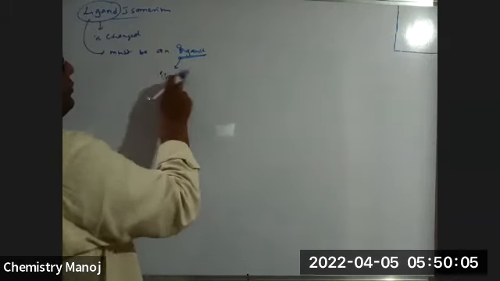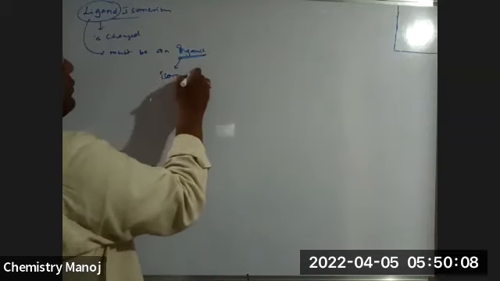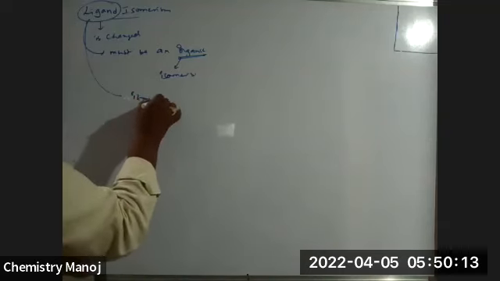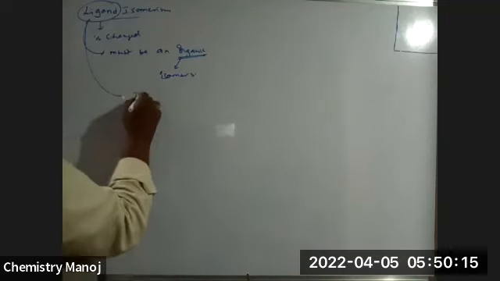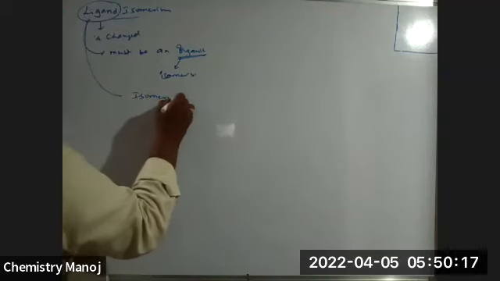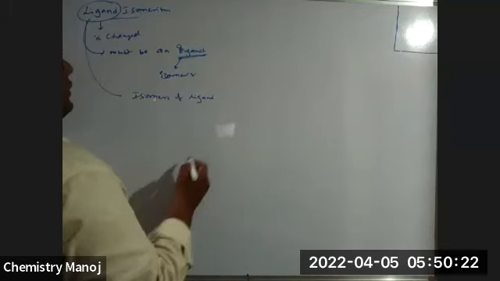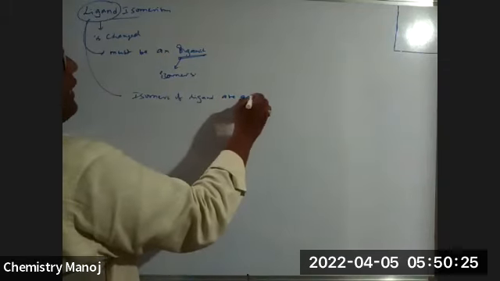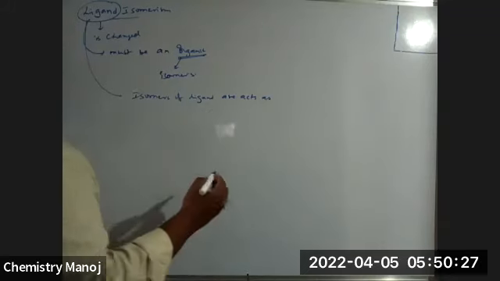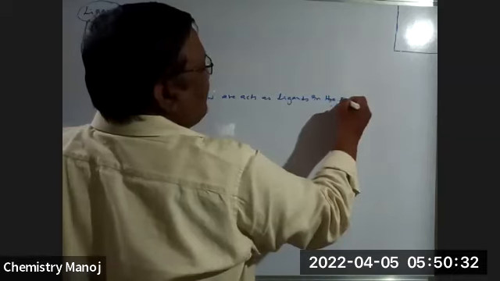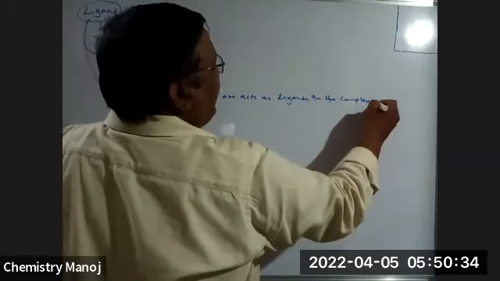So isomers of ligands act as ligands in the complexes. That's why ligands are changed, and that's why it is called ligand isomerism.